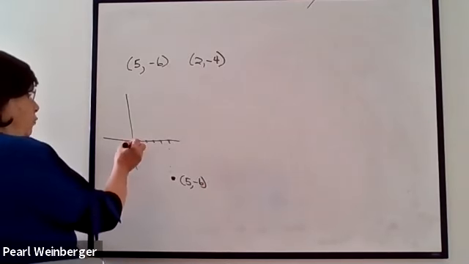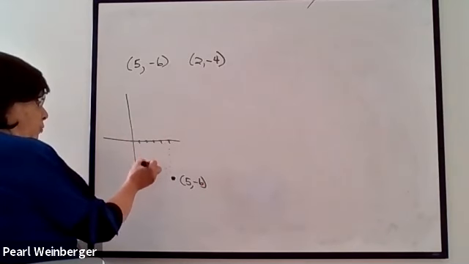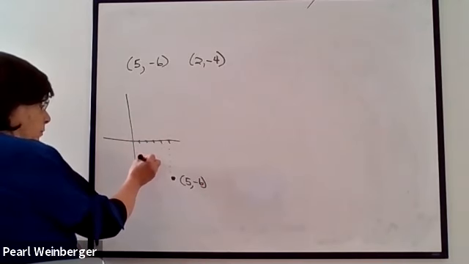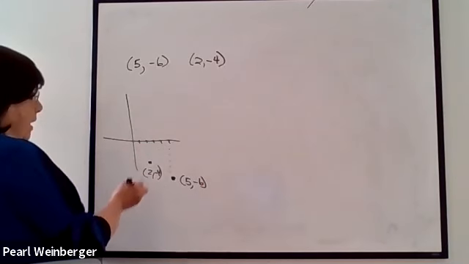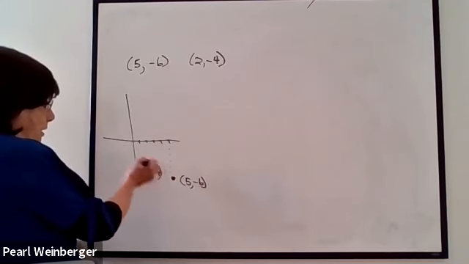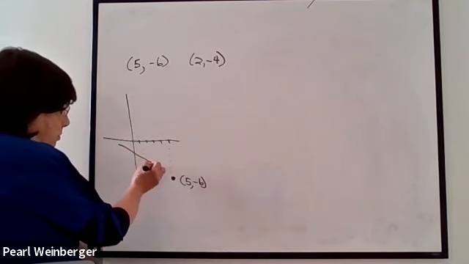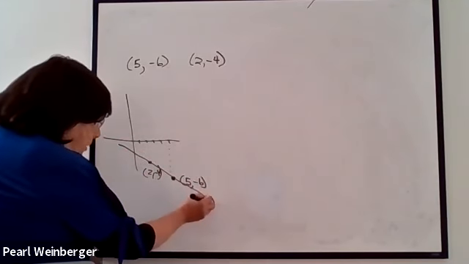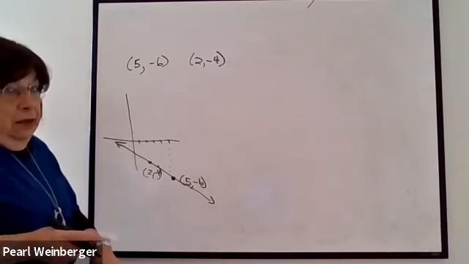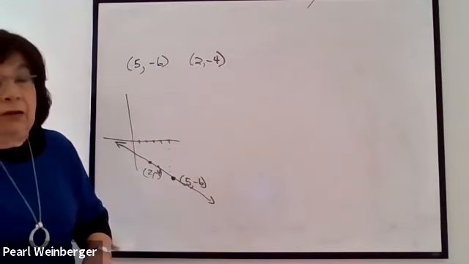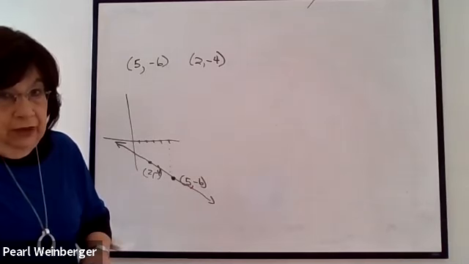And 2, -4 would be 2 to the right and 4 down. Right up here. So I have these 2 points, and if I connect them, I just take a ruler and make a straight line. Here's my line.